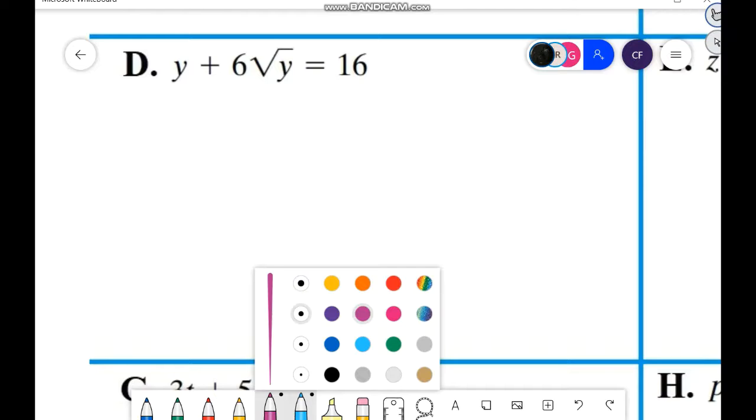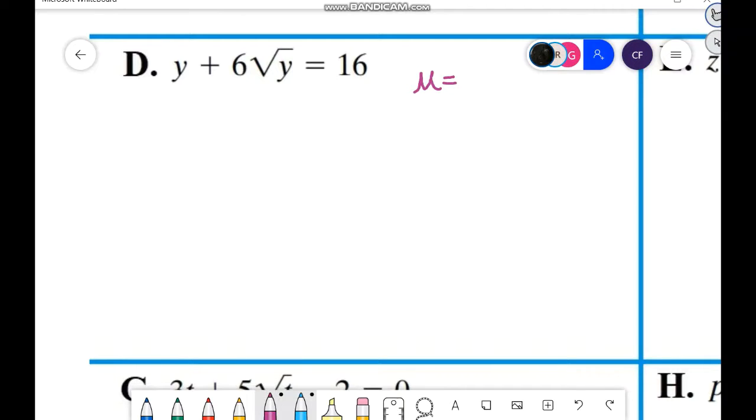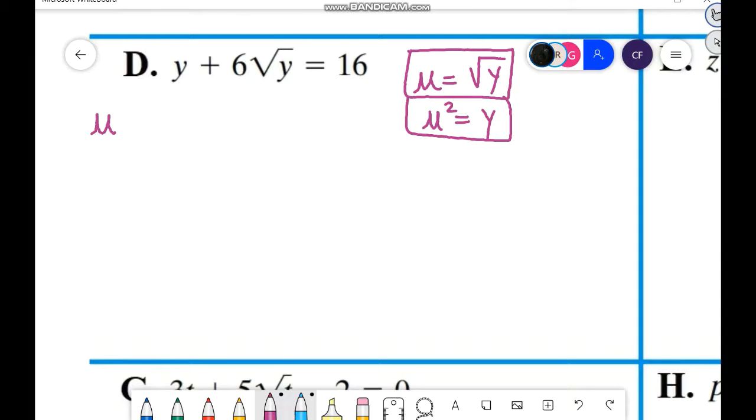We can make u equals square root of y. That means u squared equals y, right? So we have u equals square root of y, and u squared equals y. Now we can substitute into this equation. y is u squared plus 6u, and move this 16 to the left-hand side of the equation. You're going to have u squared plus 6u minus 16 equals 0.